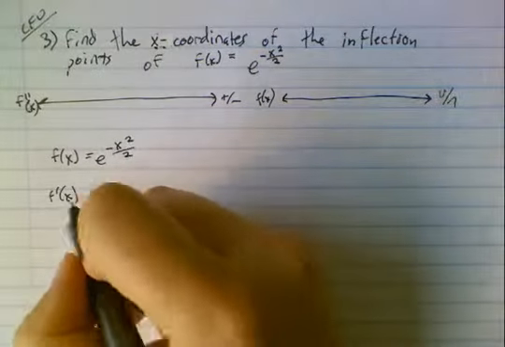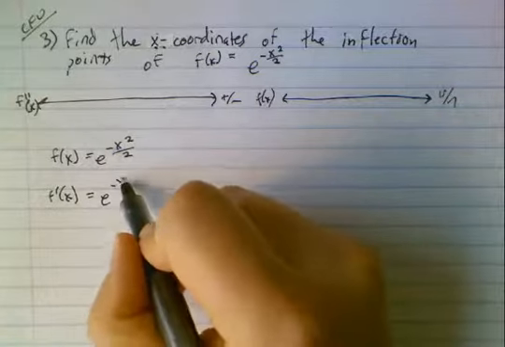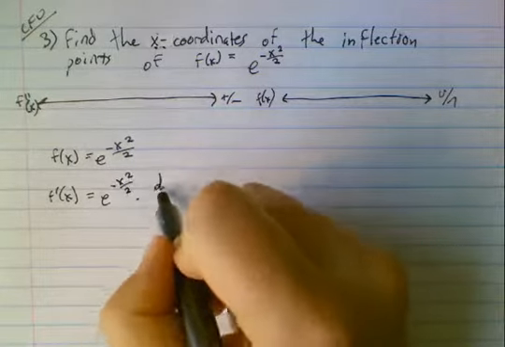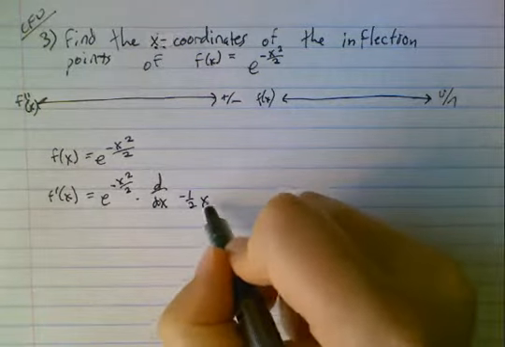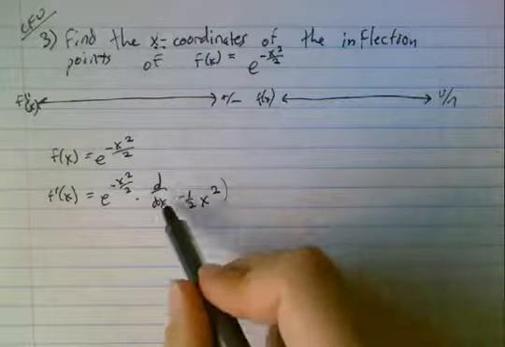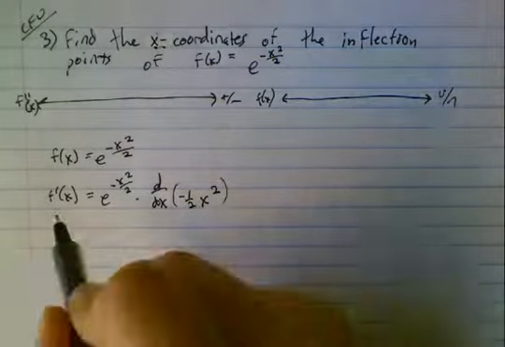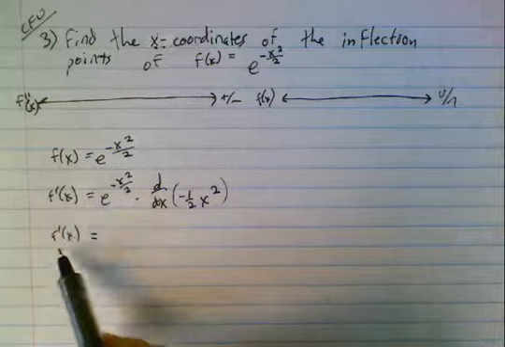f prime of x: this is a box function, so it's the same thing times the derivative of negative 1/2 x squared. That's another way of writing that same thing. Make sure you do that derivative piece of the chain rule, otherwise it will not work. Notice I'm still on f prime of x.